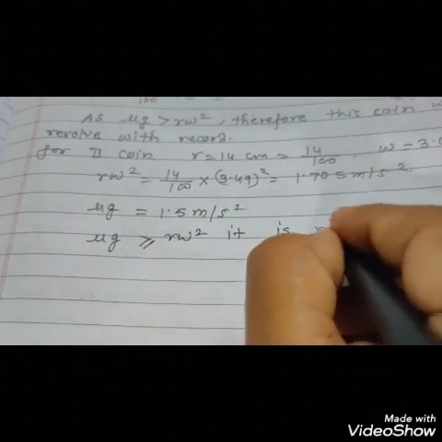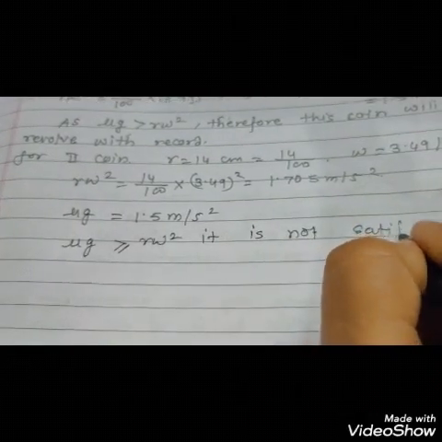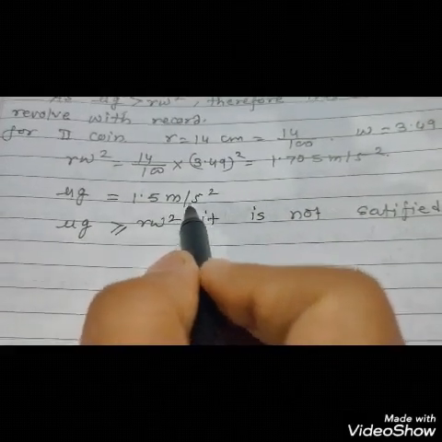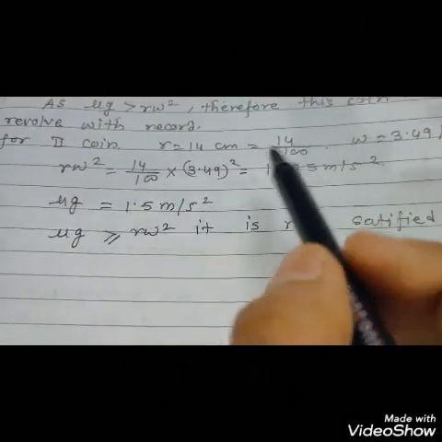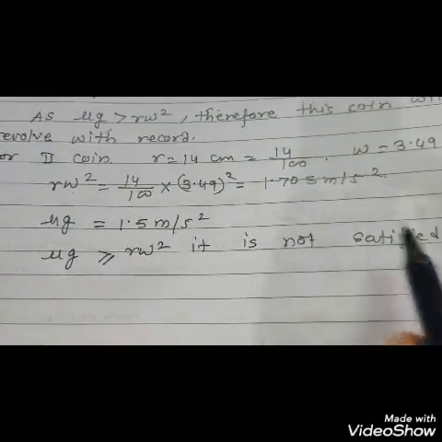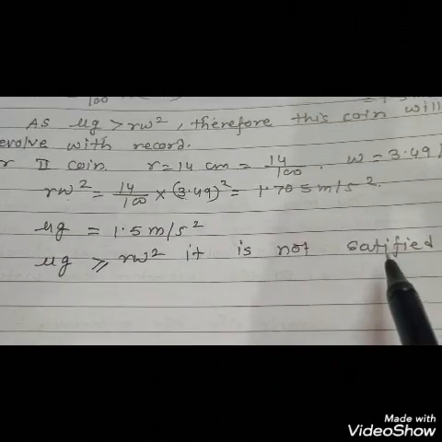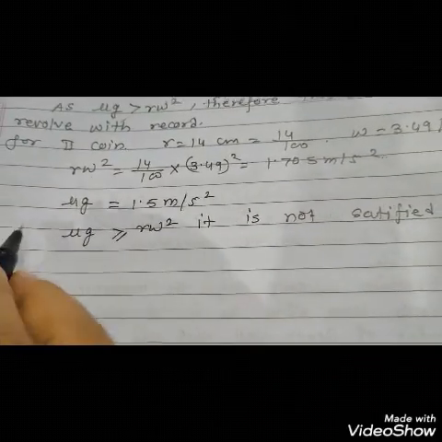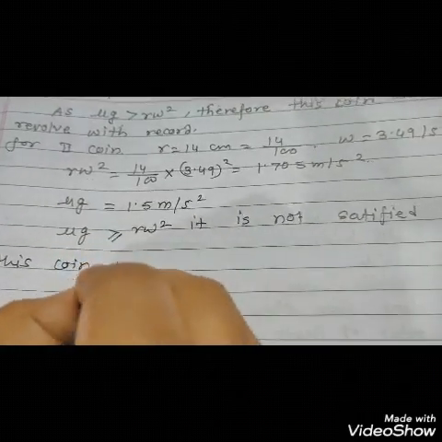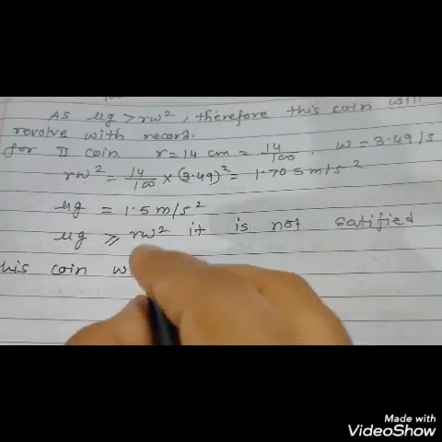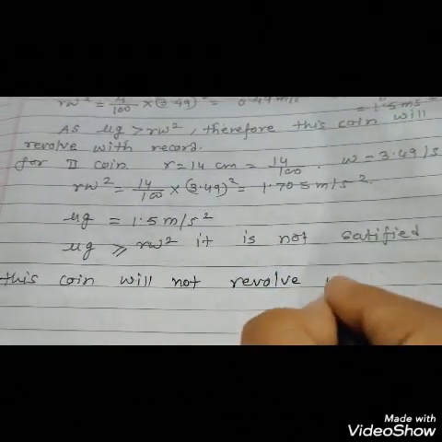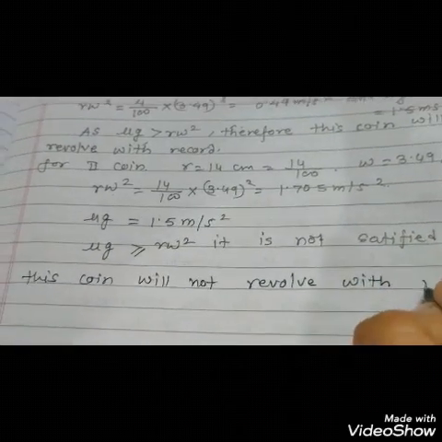The value of mu g, which is 1.5 meter per second square, is less than the value of R omega square, so the condition is not satisfied. So that's why we'll say this coin will be off the track, or will not revolve with the record.